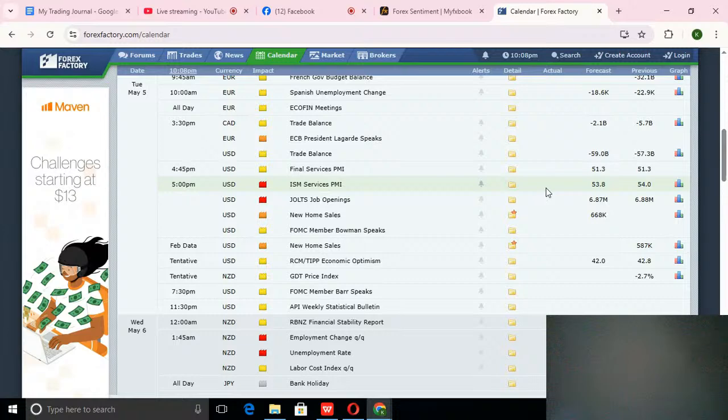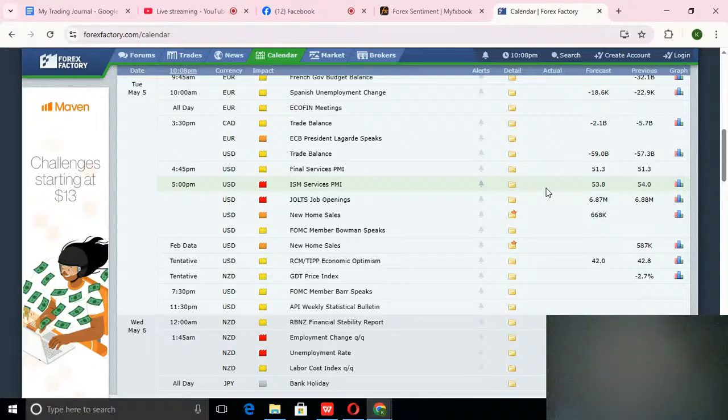So you can see the previous was at 54.0, a slight drop is the expected forecast. But according to me, I can expect an outcome above that, an actual greater than the forecast.